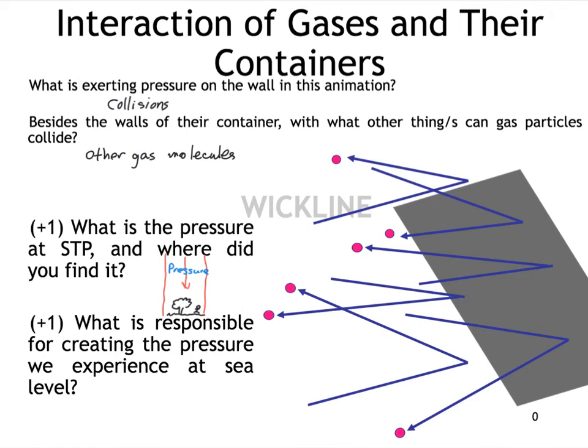And standard pressure is very helpfully defined as 1 atmosphere, meaning that's the pressure of the atmosphere above you. But in another unit, which is kilopascals, it's 101.3 kilopascals. You can find both of those on your reference table, table A, I think, but you'll see it on the front page. So what's responsible for creating the pressure we experience at sea level? See the above diagram.